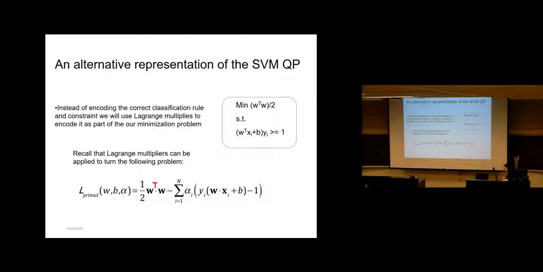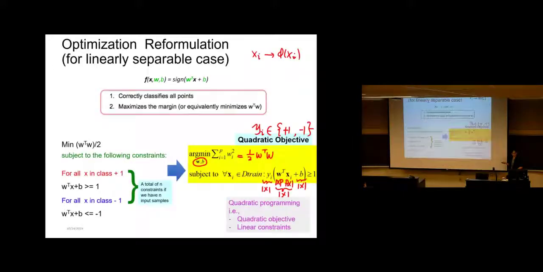Alpha i is the Lagrangian multiplier. Let's go back to the formulation we had. How many constraints do we have? We have n training data, so we have n constraints.